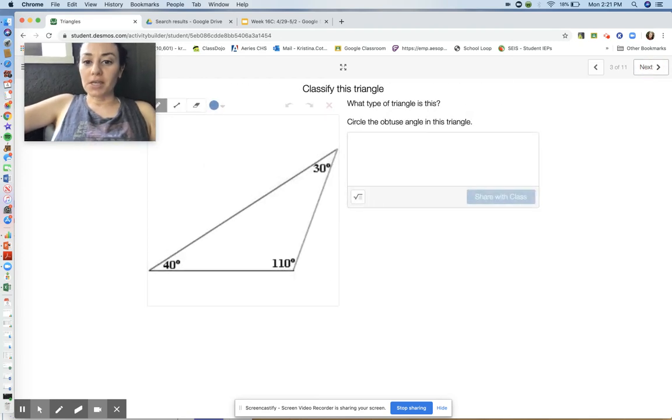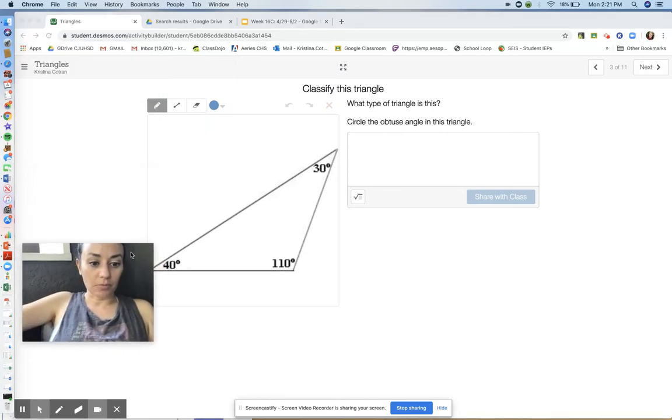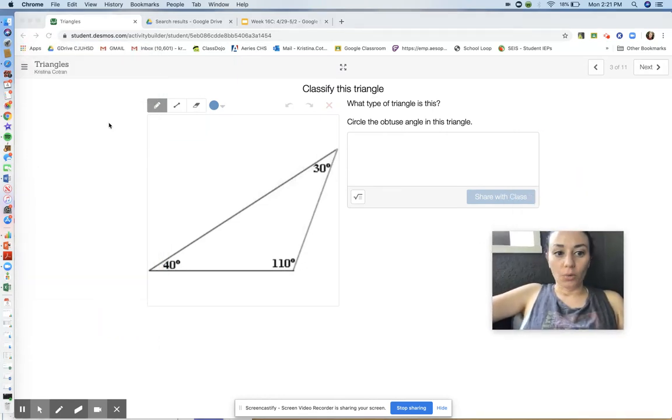What type of triangle is this? It says circle the obtuse angle in this triangle. So again, we're going to use this line tool or the drawing tool. An obtuse angle is greater than 90. Do we have an angle that's greater than 90? I see one. It's 110.